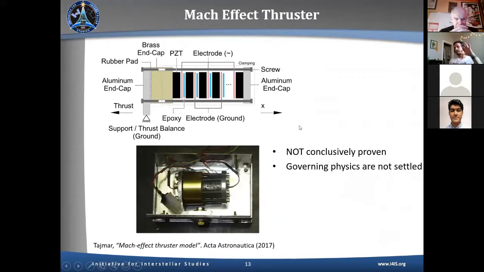by combining a reaction mass with a piezoelectric actuator and a moving mass to rectify the sinusoidal effect into a directed thrust. So here on the top, you see a nice little sketch of what this would look like. You have the PZT elements, you have the electrodes in between, you have a reaction mass that is mounted here and a mass that is free.